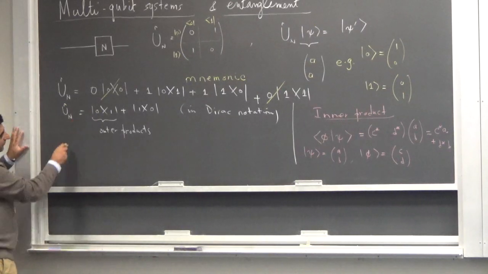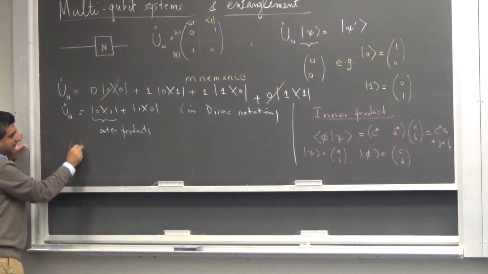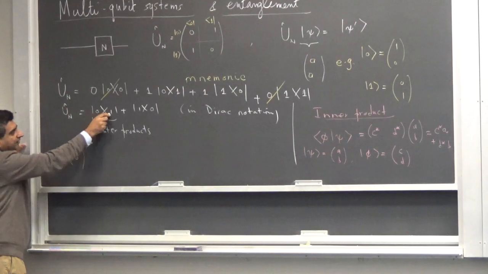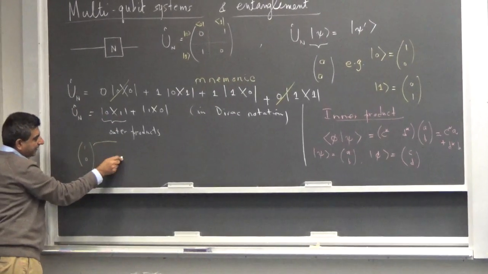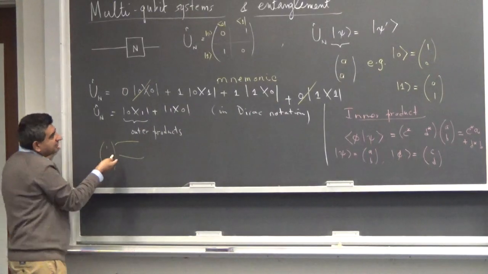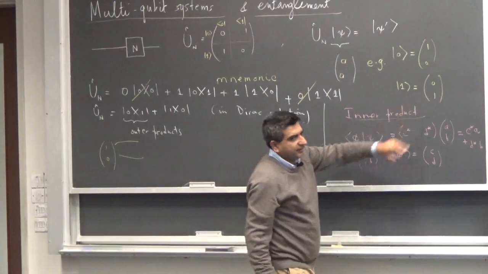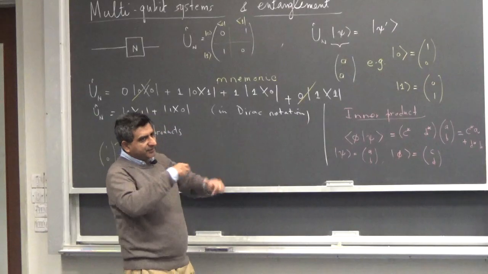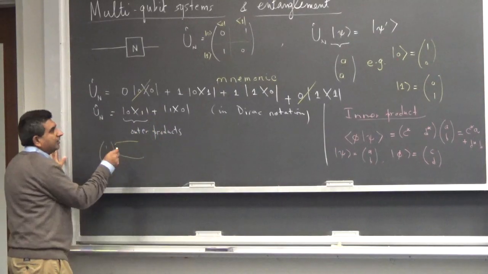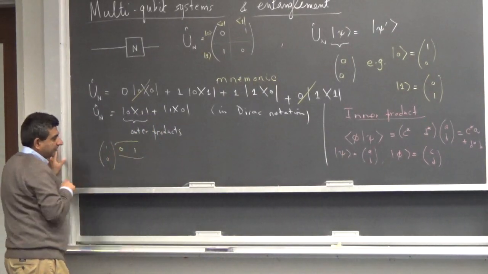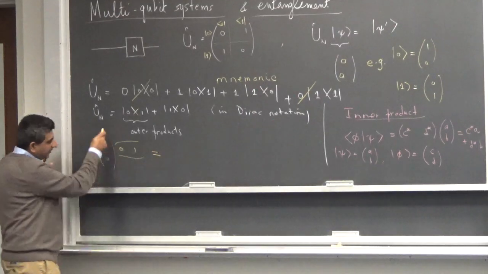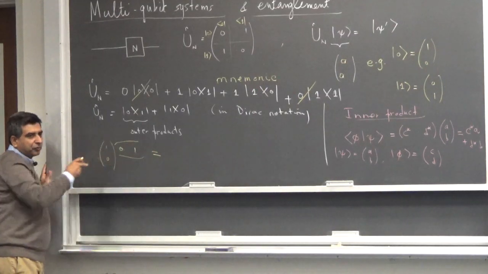So I write the form for ket 0, which is column vector (1, 0), and the form for bra 1, which is a row vector, which corresponds to the transpose of this thing. And if these were complex entities, I would also take the complex conjugate. Unfortunately, these are real numbers, so this is what you get. And now I have a column vector being multiplied by a row vector.